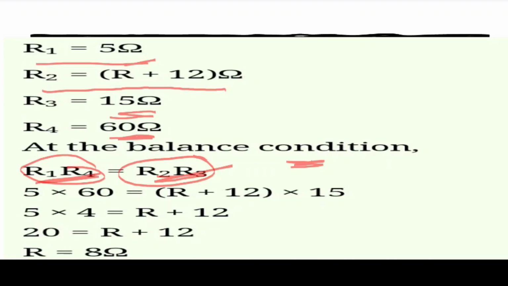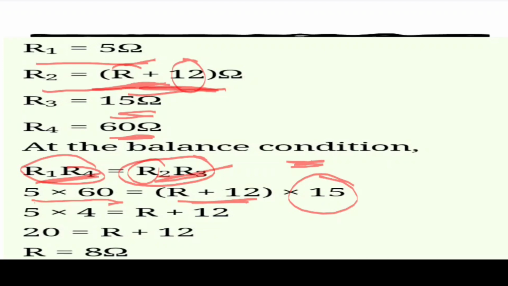So 5 into 60 equals (R plus 12) into 15. Dividing by 15, 5 times 4 is 20, which equals R plus 12. So R equals 20 minus 12, which is 8 ohms.